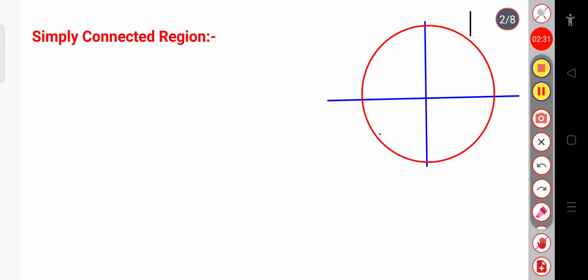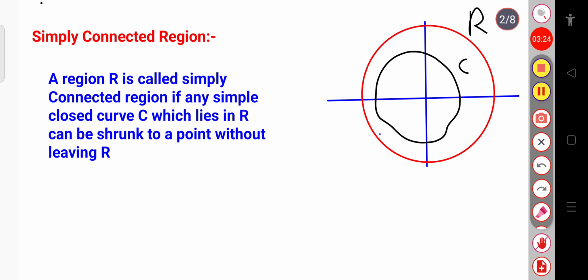This red one is suppose region R. This region R is said to be simply connected if any simple closed curve, suppose this is any simple closed curve C, lies inside this R and can be shrunk to a point without leaving R. It means that it will lie inside this region R. So we can say that all the closed paths within the region R contain only points belonging to that region R. That is a region or domain of a function in which the function is analytic everywhere and the closed curve can be shrunk to a point without leaving a hole, is called a simply connected region. Now I think it is clear.